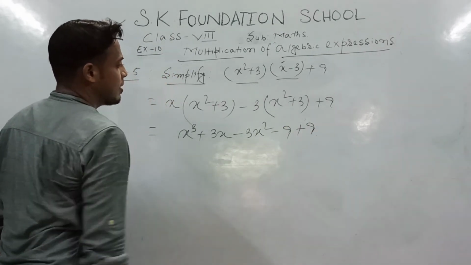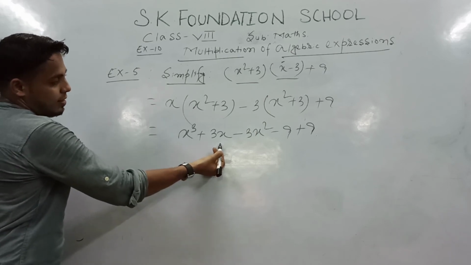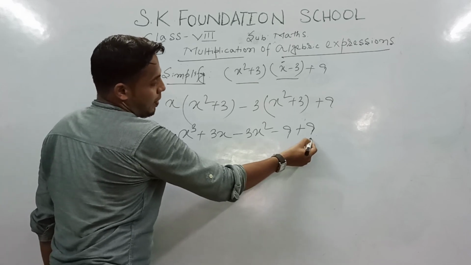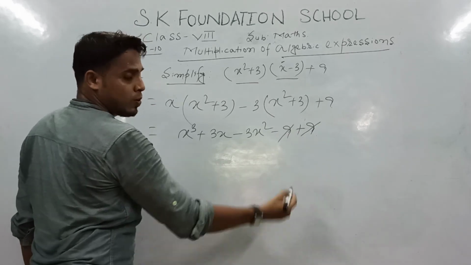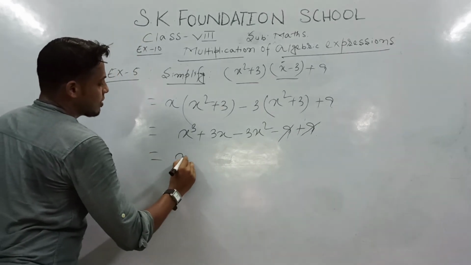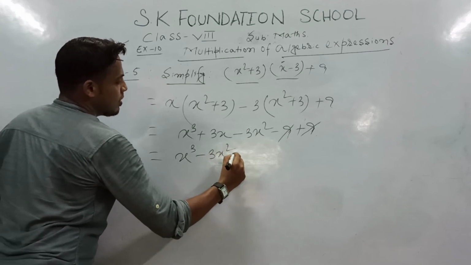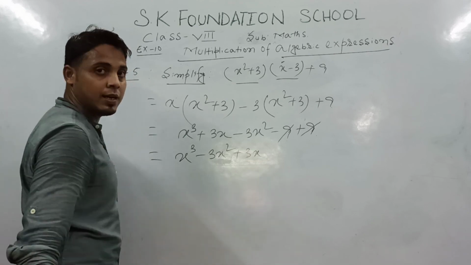Okay, and here is plus 9. Look here, the first term x cube, then 3x, minus 3x square, minus 9 and plus 9. Plus 9 minus 9, they are opposite terms, that's why they cancel out. So our overall answer is x cube minus 3x square plus 3x. Understood? This is our answer. Clear?